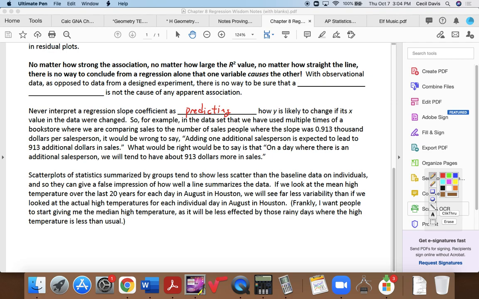It would be wrong to say adding one additional salesperson is expected to add $913 additional in sales. Notice how that subtly implies causality? A better way to say it would be on a day where there is an additional salesperson, we will tend to have about, and again, squidgy words, about $913 more in sales.